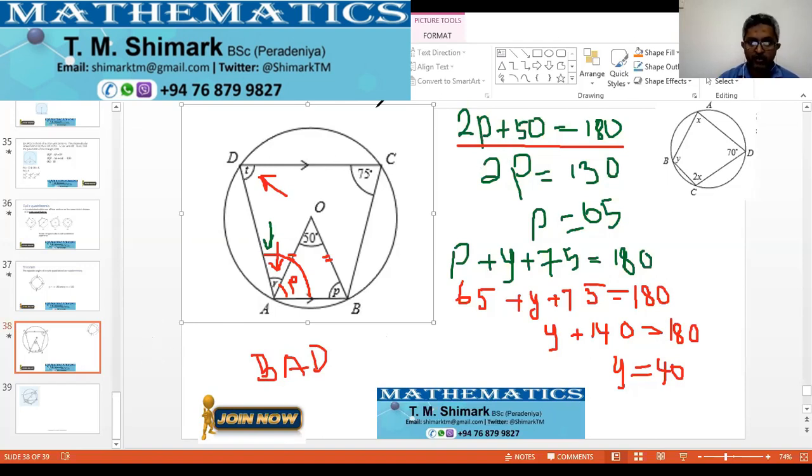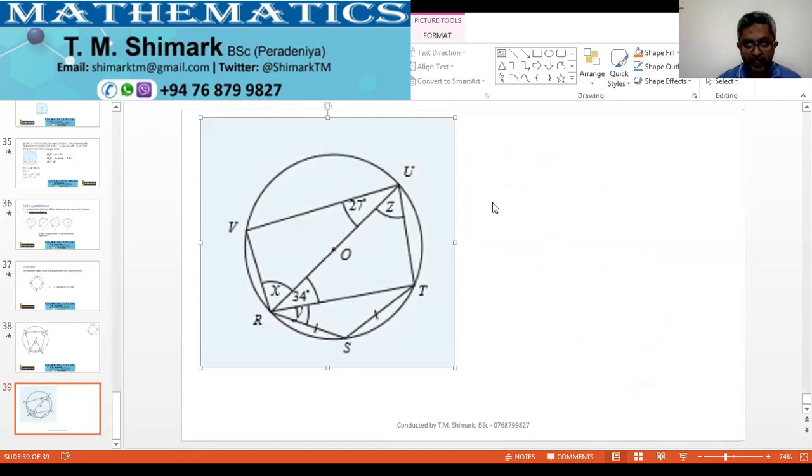Here I have, can we find X, Y and Z? VRTU is our cyclic quadrilateral 1. That is one cyclic quadrilateral. And I have RSTU is another cyclic quadrilateral, right? 2 cyclic quadrilaterals are there.